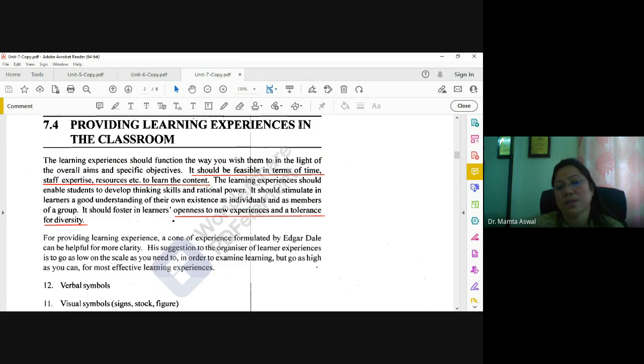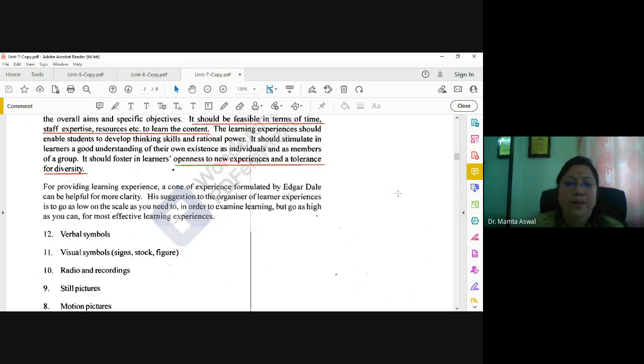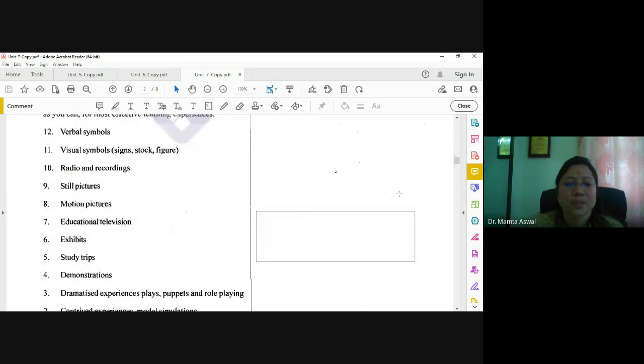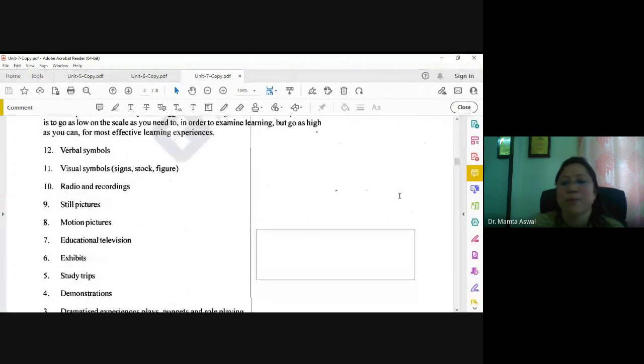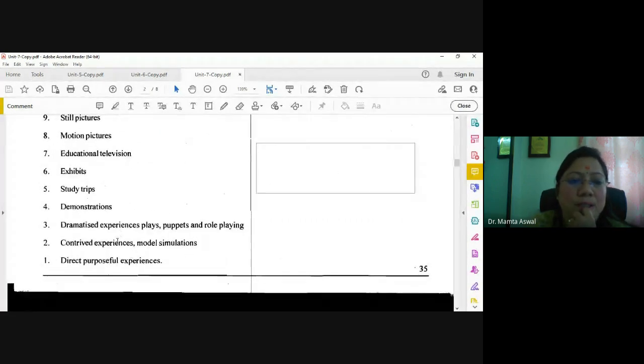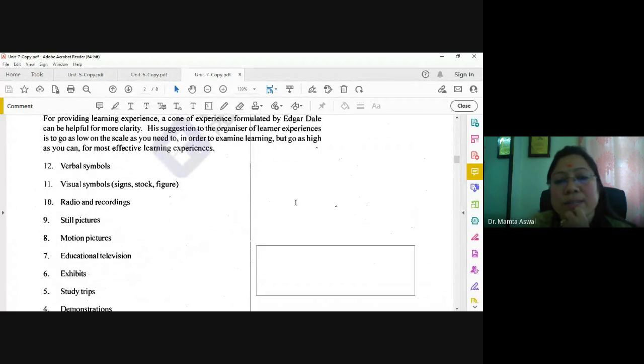What are the resources available in terms of human resources, not only money or other things? Here you can see there are 12 points. I'll take you to these 12 points. There was a model given by Edgar Dale.